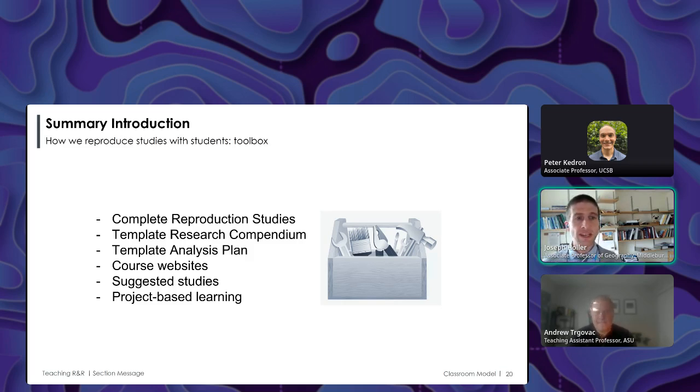This includes a template analysis plan that is specialized and suited for spatial research. And we've got GitHub-based course websites that have links to prior student work, lists of studies for possible reproduction, and a pedagogical framework for reproduction studies as project-based learning, which Andrew will introduce.